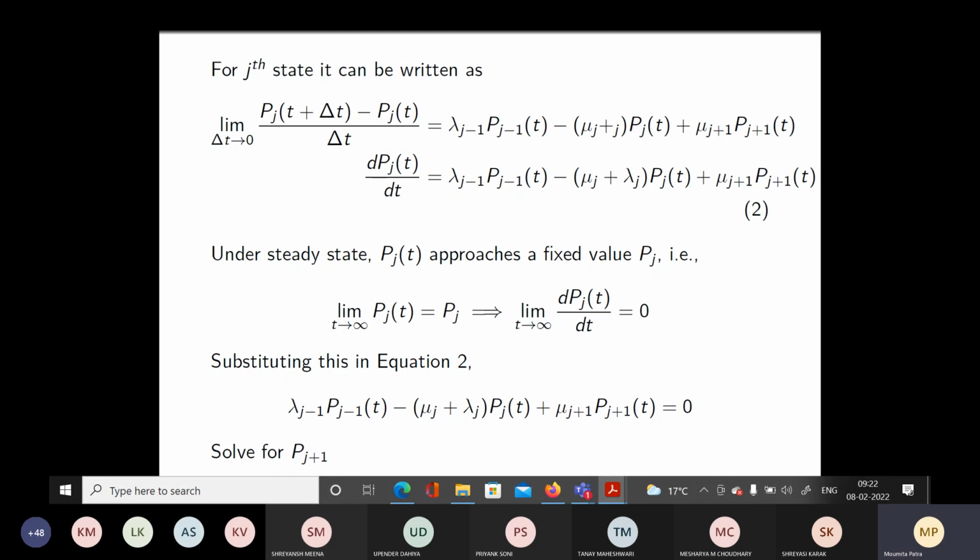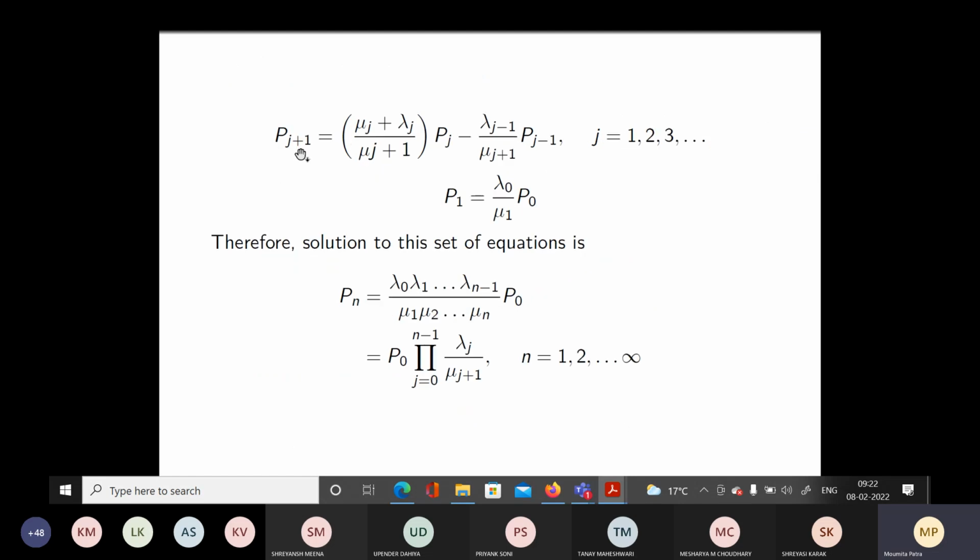So now what do we get? p(j+1) is equal to ((μj + λj) / μ(j+1)) pj minus (λ(j−1) / μ(j+1)) p(j−1).